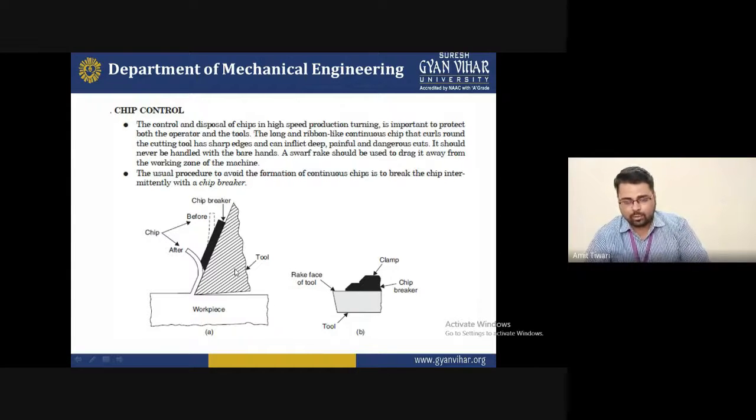So you must be aware that during machining, first of all you check the workpiece material, its mechanical and physical properties. After that, you select a cutting tool material that is harder than the workpiece material, and check the mechanical and physical properties once again before starting the operation, as well as the structure of the cutting tool and the structure of the workpiece.